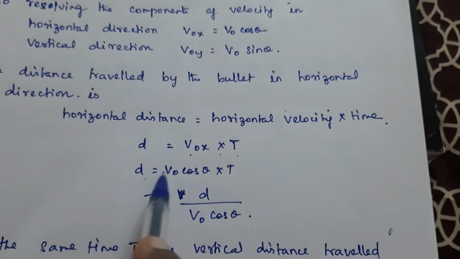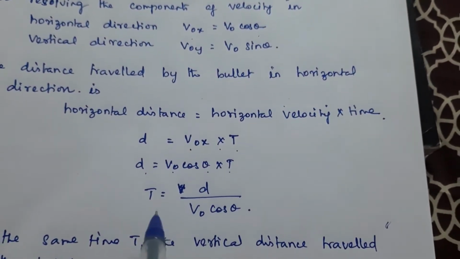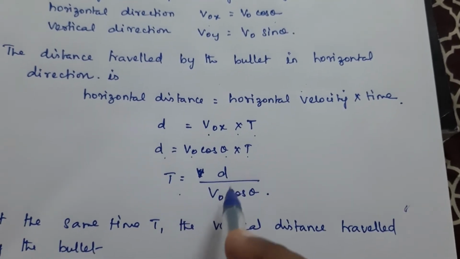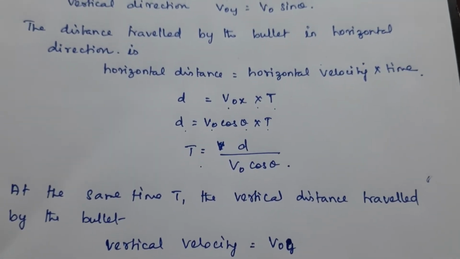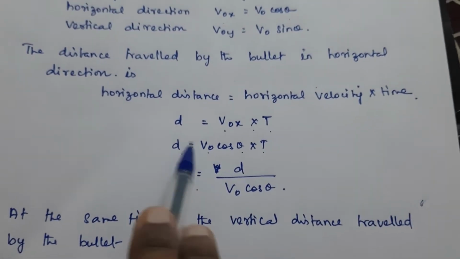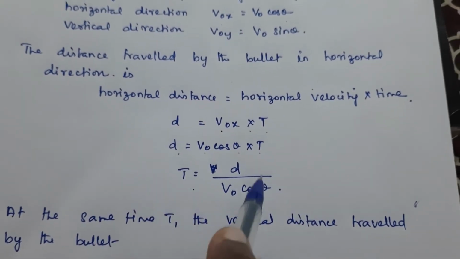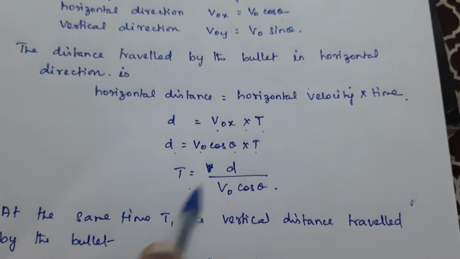So d is equal to v0 cos theta into T. So T is equal to d by v0 cos theta. This is the horizontal distance traveled and this is the time taken by the bullet.